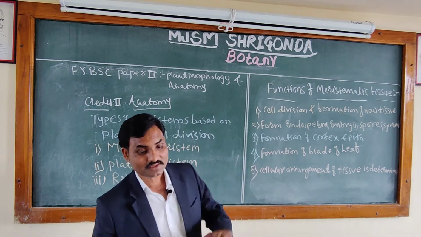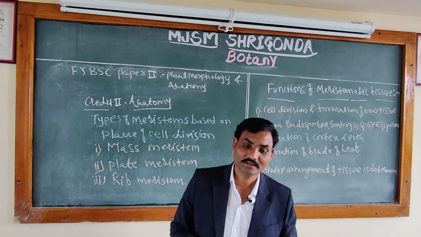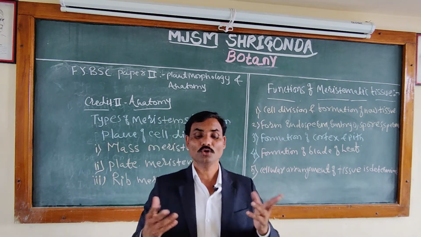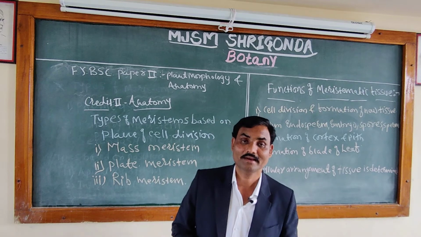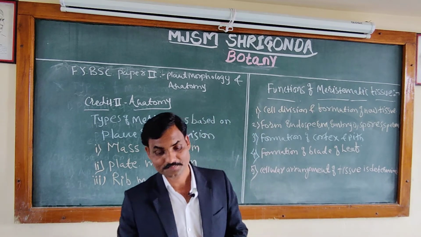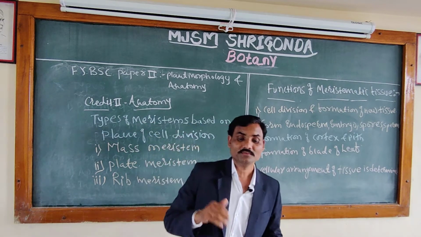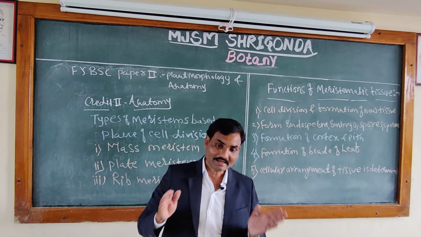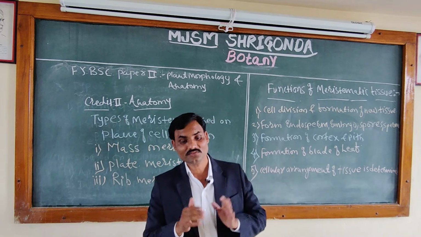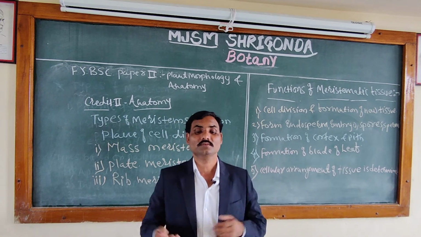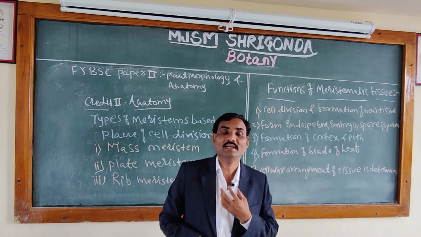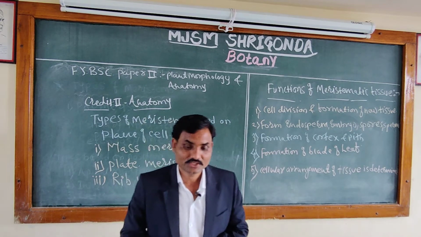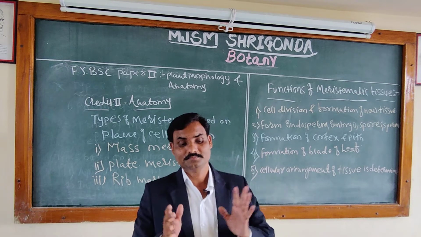Then the second function is that mass meristem divides in all planes and forms endosperm, young embryo, spores and sperms. Then rib meristem, or the tile meristem, divides anticlinally to the long axis and gives rise to longitudinal files or a row of cells. In this way, the cortex and pith are formed.